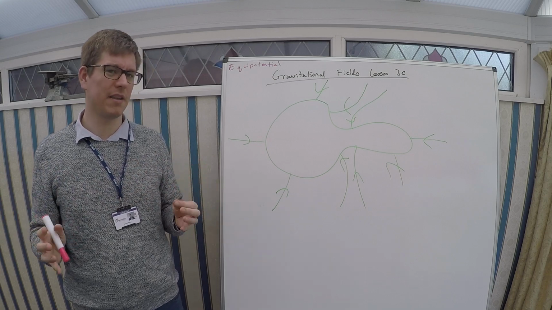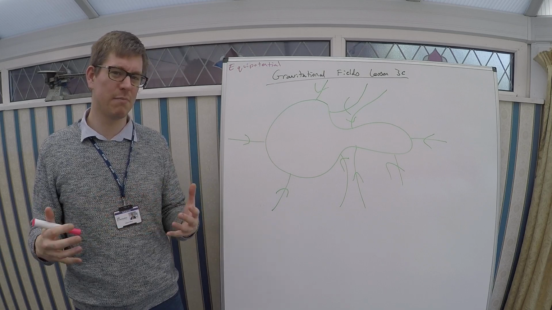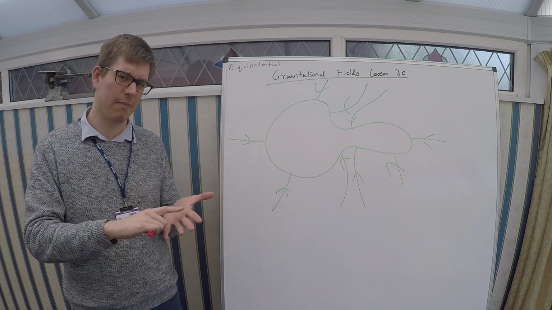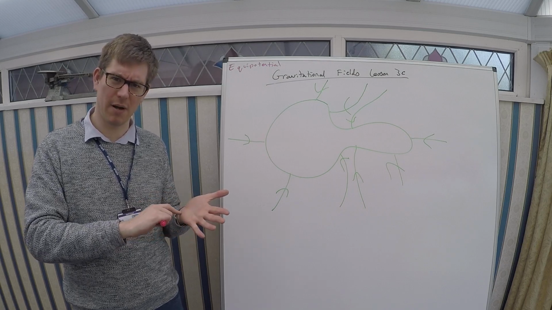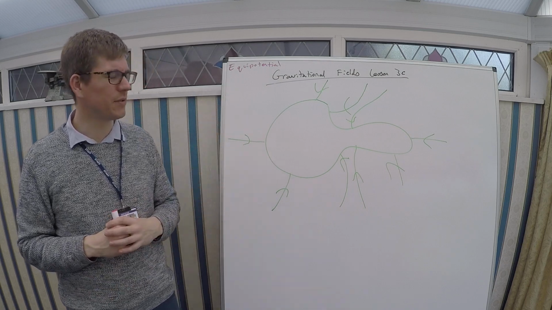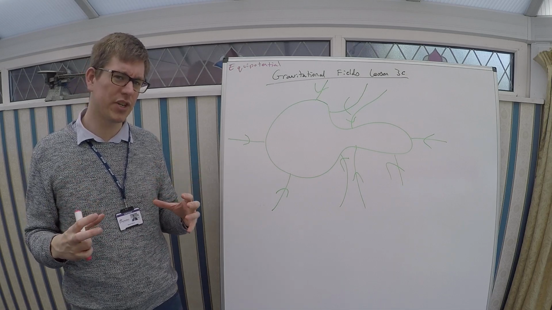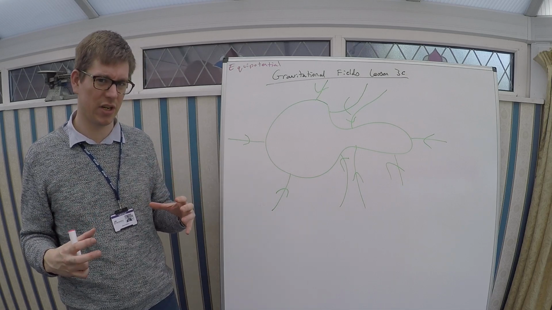The best way to think about this is if you've ever done orienteering or looked at a map, contour lines on a map on a hill show you areas which are all the same height and you can link them up. Equipotential is the same sort of thing. They're points, all of which have the same potential energy.